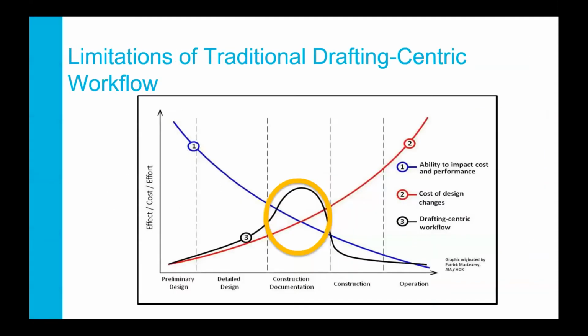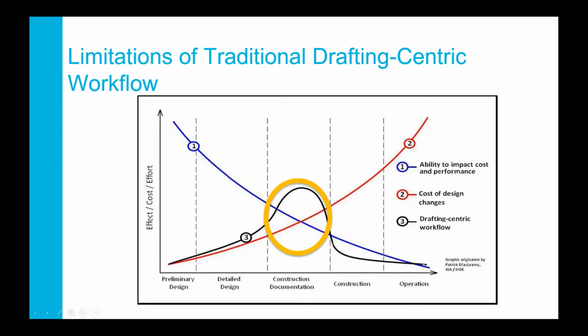This is a very famous graph that is created by the MacLeamy curve. Through the design phases, from preliminary design all the way to construction and operation, through the life cycle of a project, as we all know, the cost of design changes goes up and the ability to make an impact on cost and performance goes down.